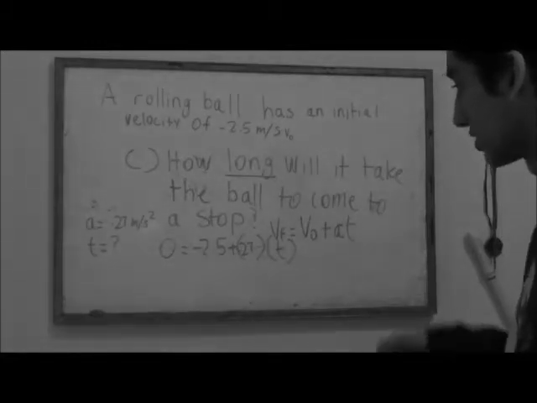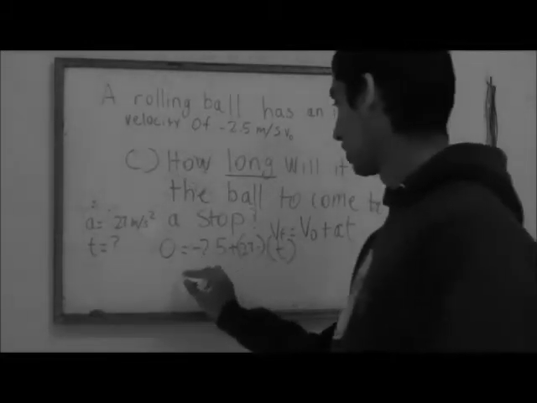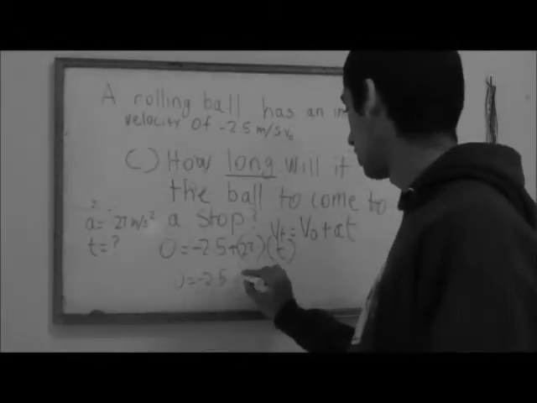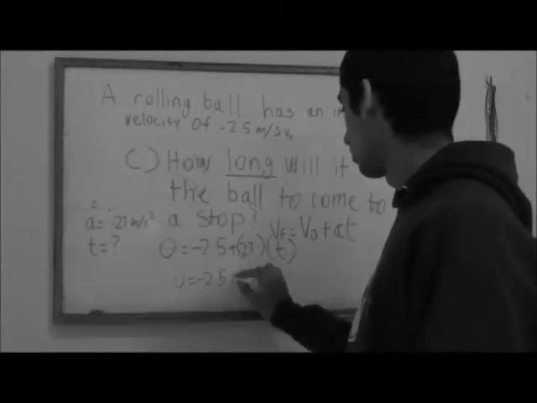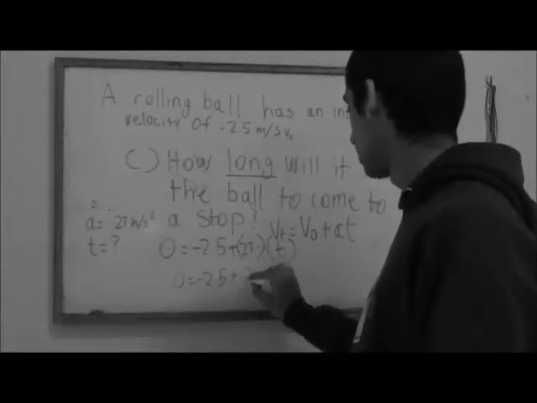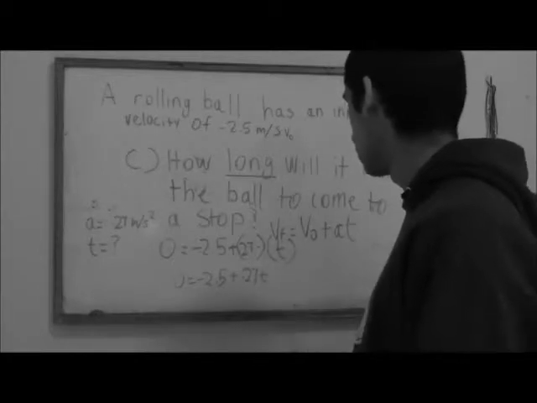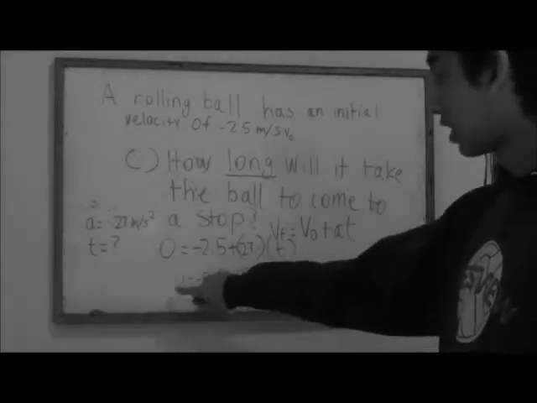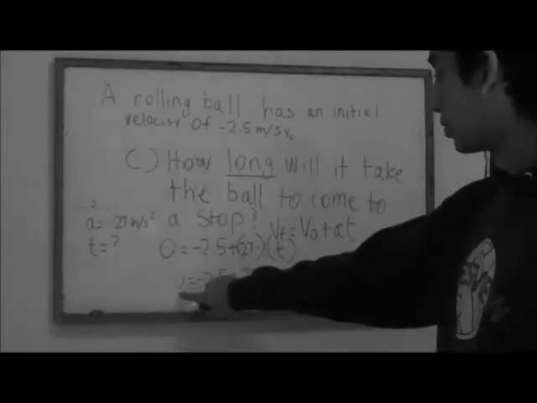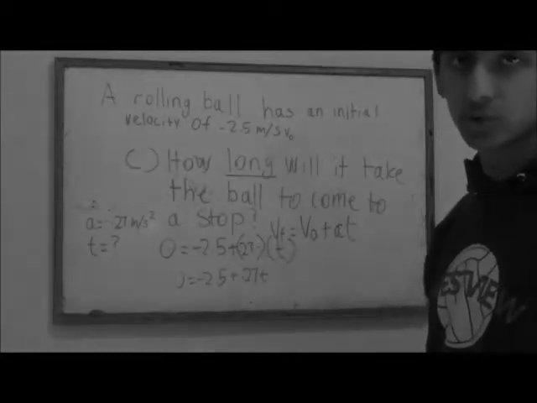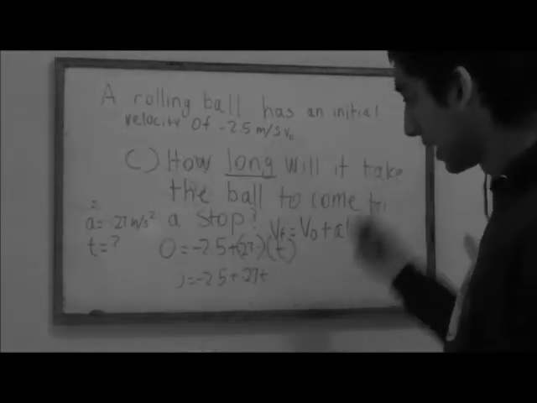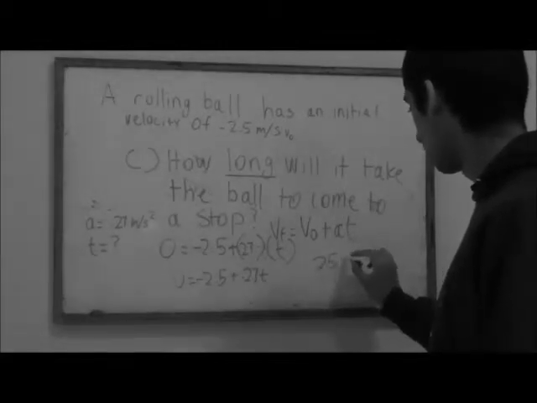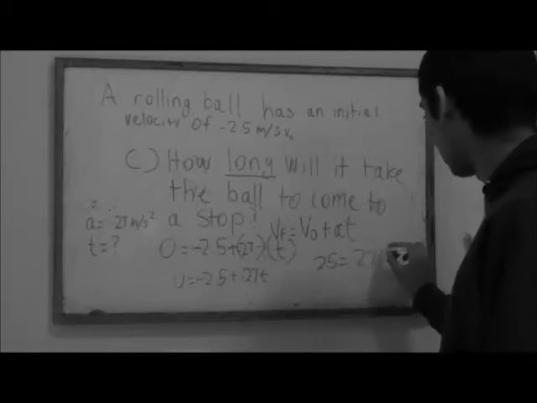So the equation is 0 equals negative 2.5 plus 0.27t. From this step, I'll move the negative 2.5 over to the other side. Remember, the 0 is from the final velocity. So in the end, it'll be 2.5 equals 0.27t.